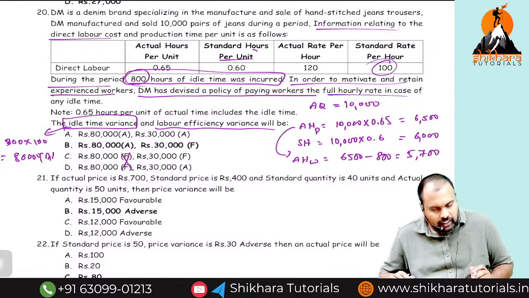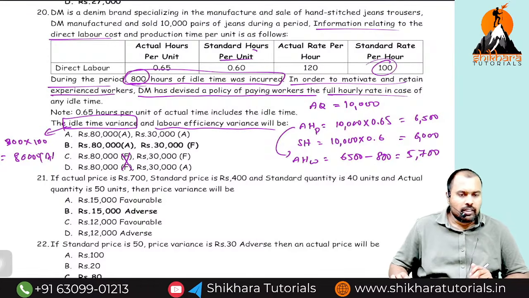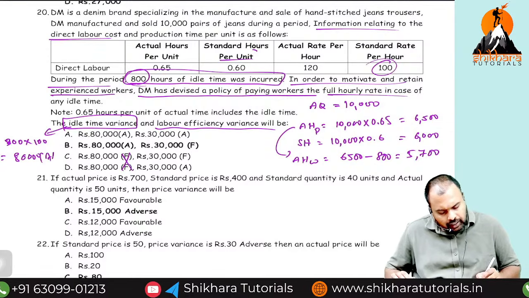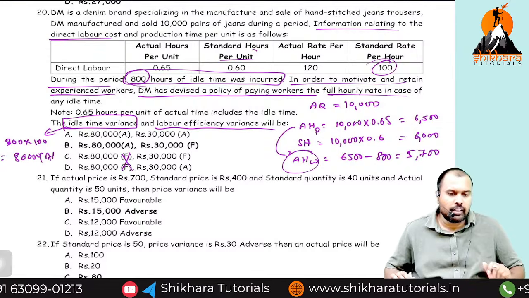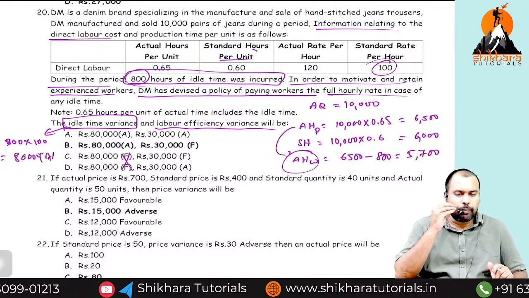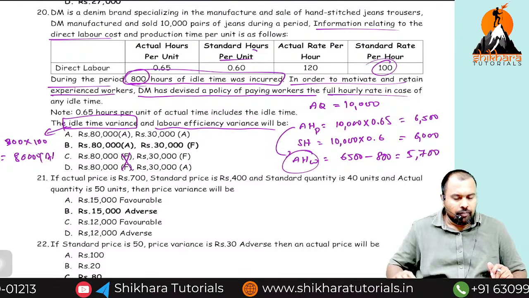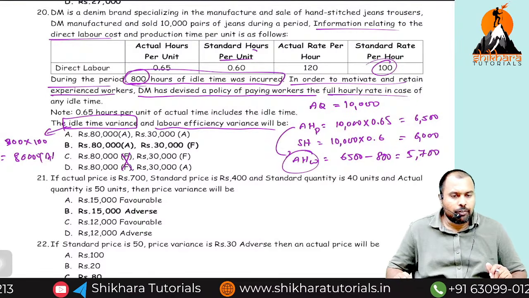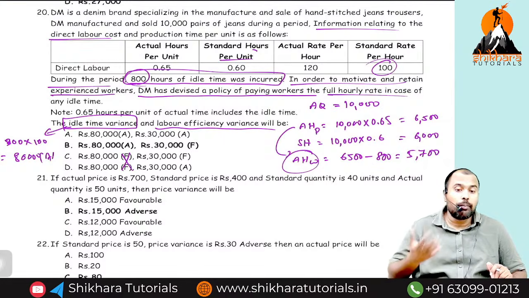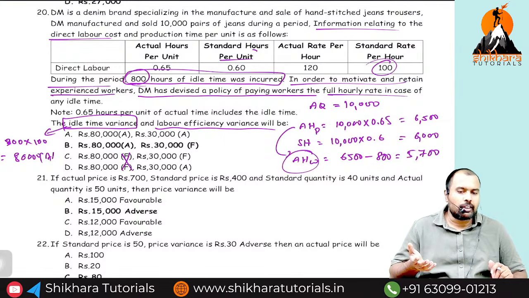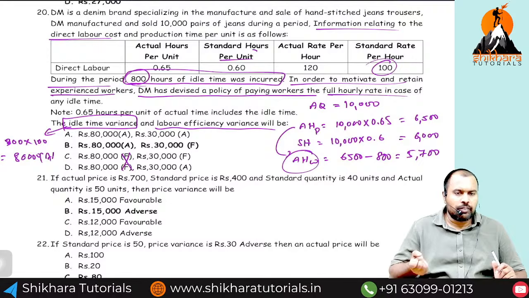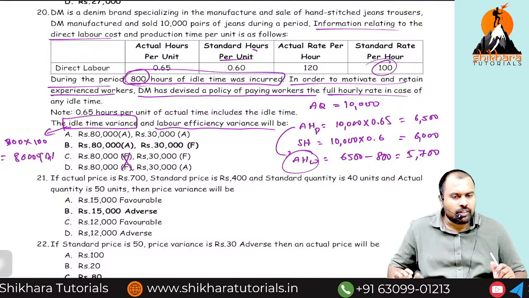But labor efficiency variance, we are supposed to find out. So during calculation of efficiency variance, I am supposed to use actual hours worked, not actual hours paid. Efficiency in the sense of speed of the work. When we are measuring speed of the work, we have to take how many actual hours were worked by the labor, not actual hours paid, because we are paying for 6,500 hours.